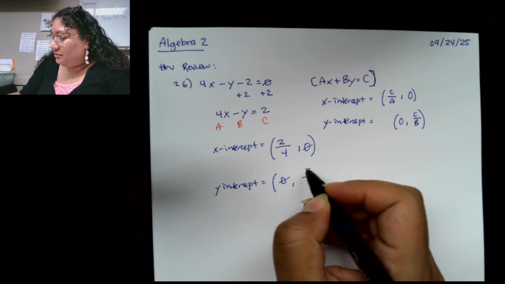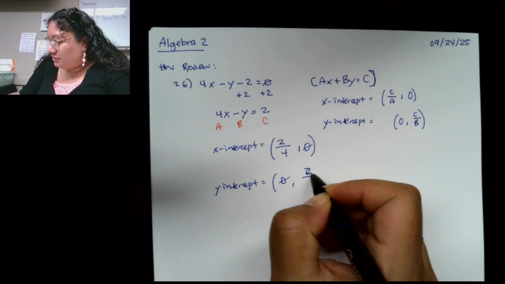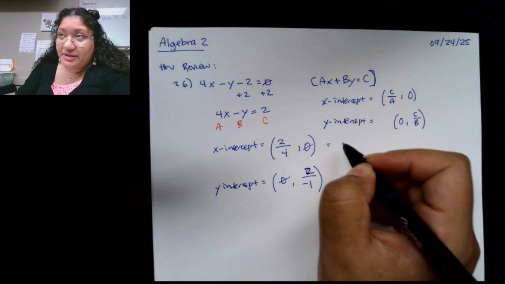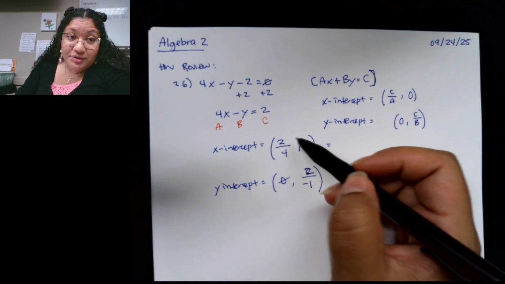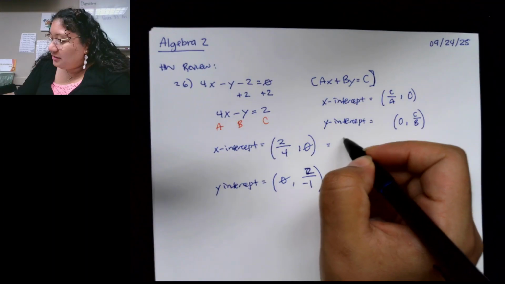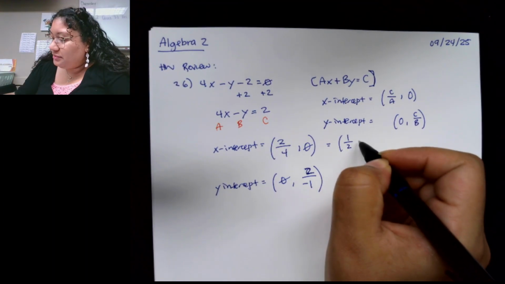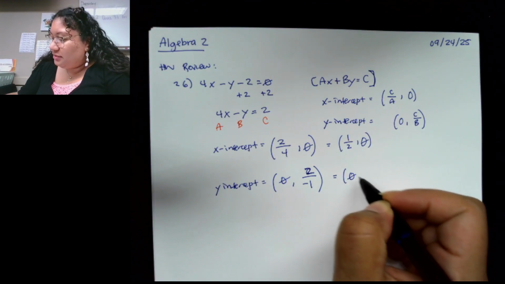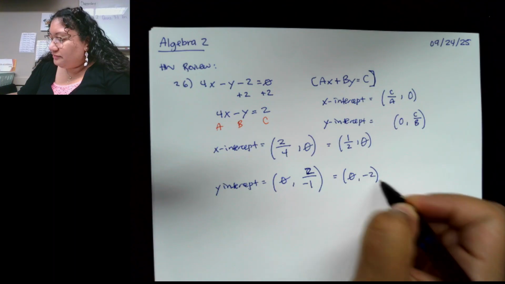Negative 1. So 2 over negative 1. Let's simplify these. Can I simplify this fraction further? Yes. This gives me 1 over 2, comma 0. And this gives me 0, comma negative 2.